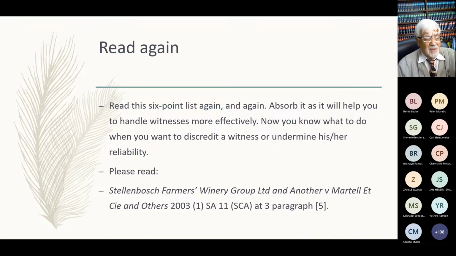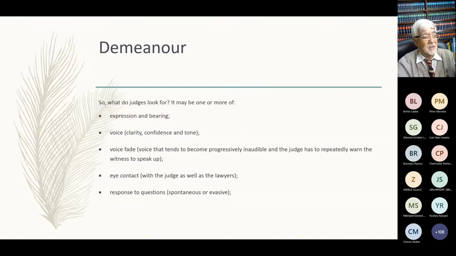What they did in that judgment is that they created a huge list of factors that judges take into account in making an assessment of the evidence. Those of you who are serious about litigating, read that chapter, okay? It's very important. So what is a judge looking for?